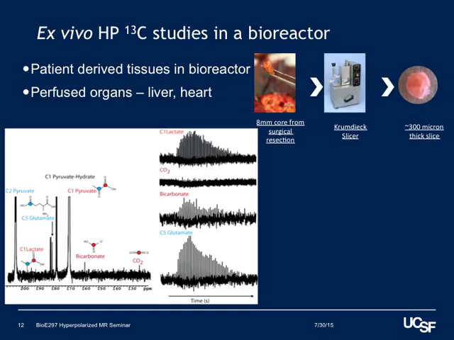The example shown here uses C1, C2 labeled pyruvate, and you can see the production of glutamate is actually more than that of lactate, even though it's 5 enzymatic steps removed from the lactate. So it again goes to show the different pathways that can be studied with a single molecule if you design your experiment correctly.